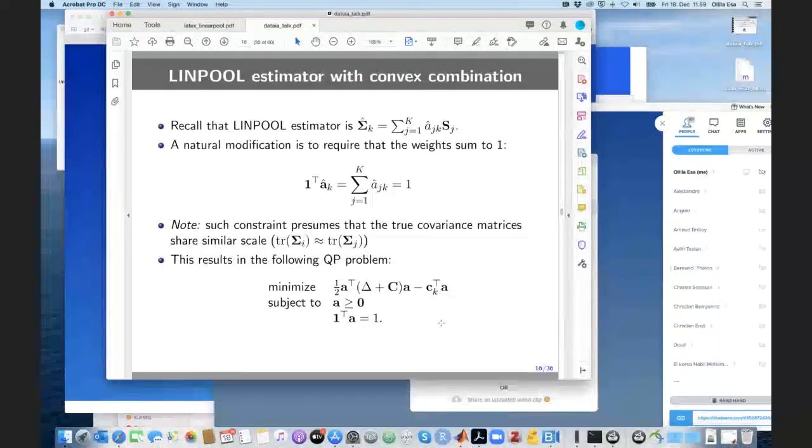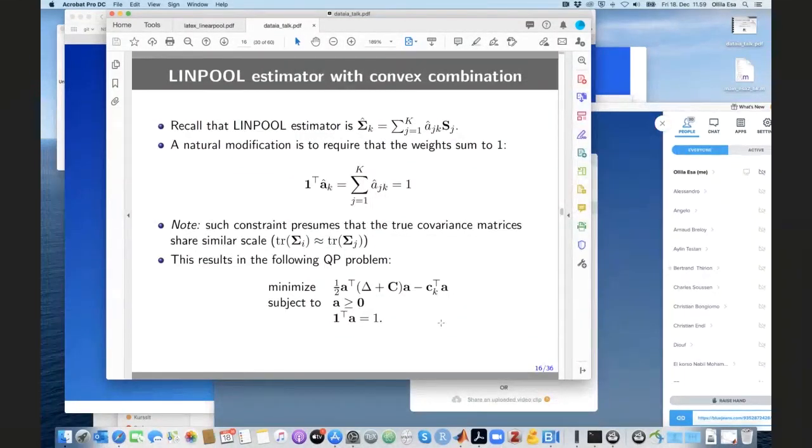It would be quite natural to say that all these weights should sum to 1, and this kind of idea is sensible, especially in the cases where the true covariance matrices are of similar scale. It would mean that none of the populations would be measured in different units, for example, because then obviously they wouldn't have the same scale.